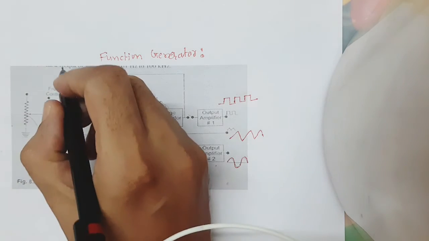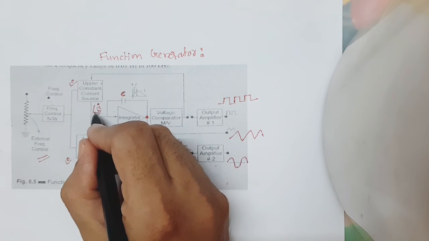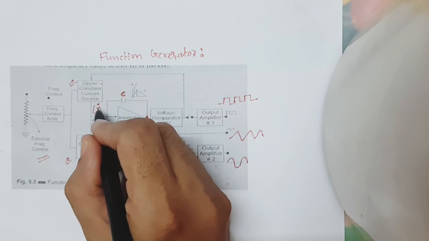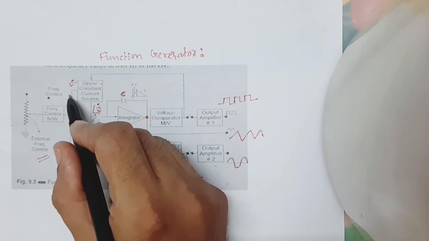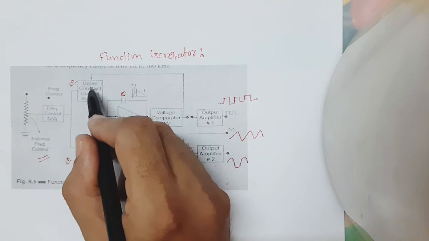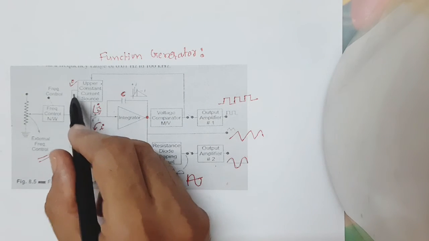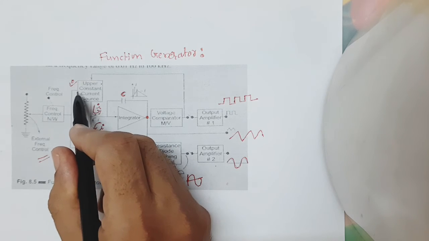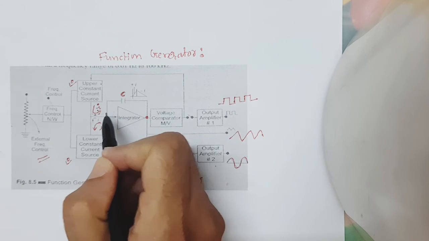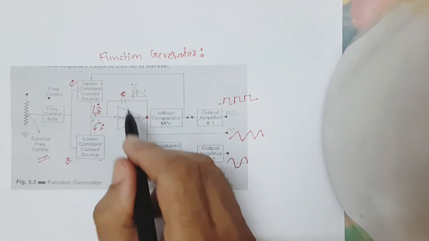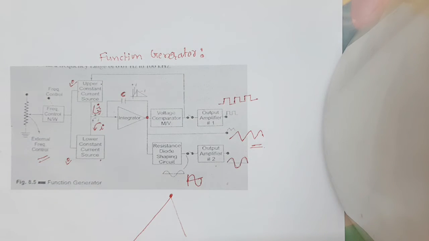Here, the frequency depends upon how much current we produce, and this depends upon how much voltage we are applying to the transistor of the upper constant current source and lower constant current source. If we apply more voltage to the base of the transistor of the upper constant current source, then we are getting more current here, and through this current, the integrator generates this type of waveform.